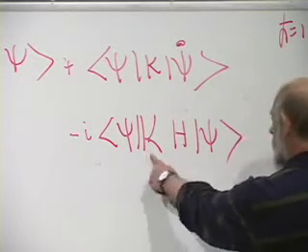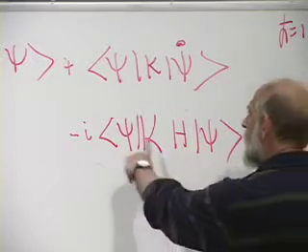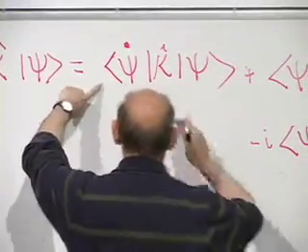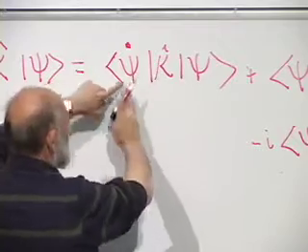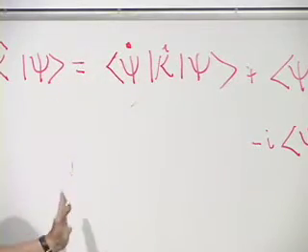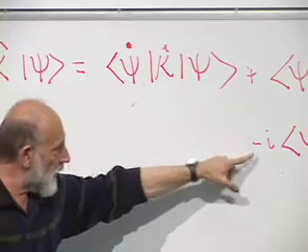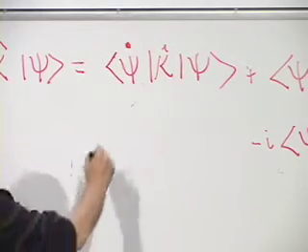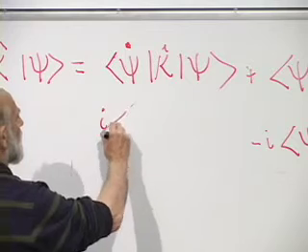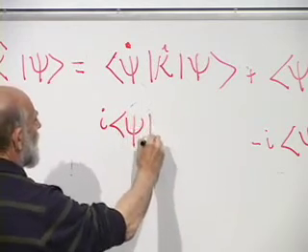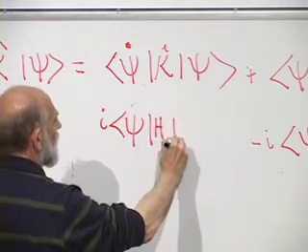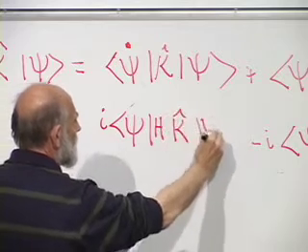Notice we have K over here and H over here. How about this one over here? This one over here, we have to apply the time evolution to the bra vector. That involves a complex conjugation. The minus i will become a plus i. This becomes i psi H K psi.